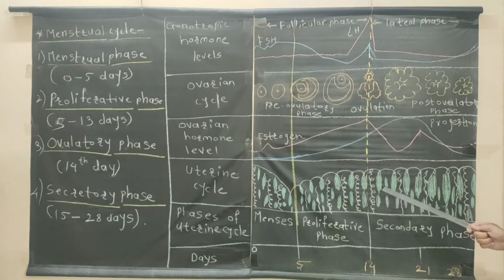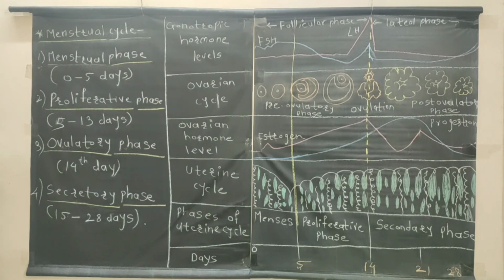In the uterine cycle, the endometrium starts regeneration, so it develops the uterine wall and the endometrium becomes thicker, about 8 to 10 mm, and these changes are necessary for fertilization and the next cycle.